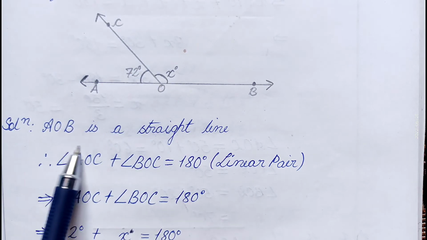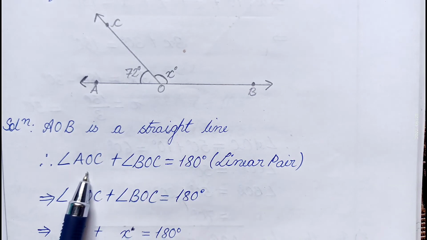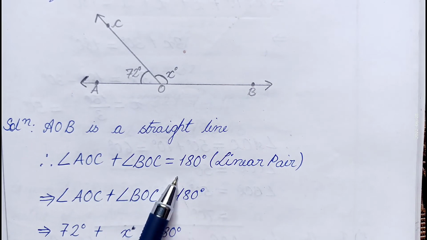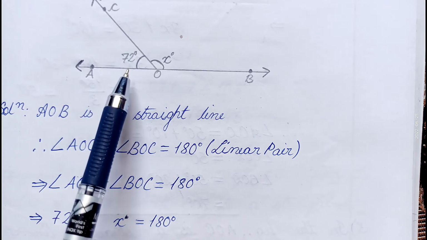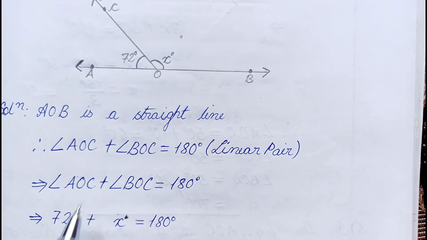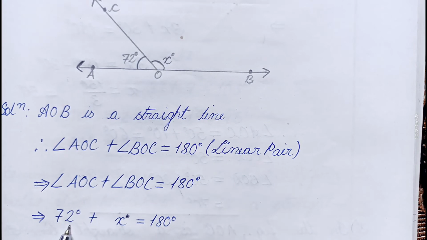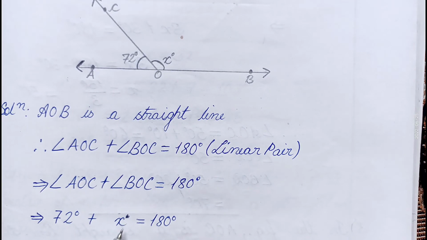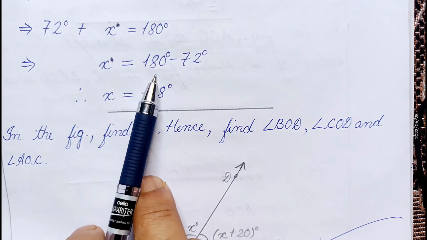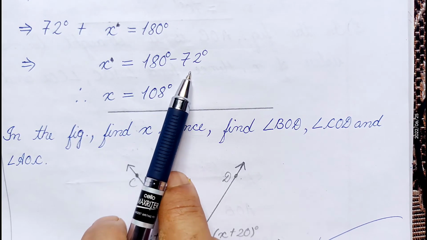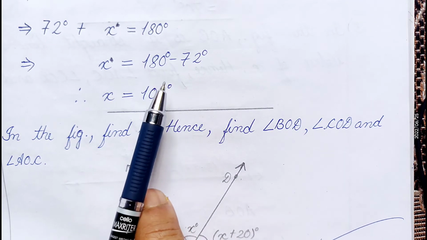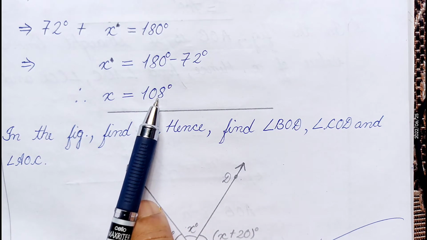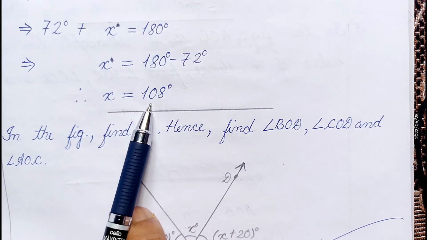As given in the question, angle AOC is 72 degrees and BOC is x. So 72 plus x equals 180 degrees. Therefore x equals 180 minus 72, which is 108. Therefore the required value of x is 108.